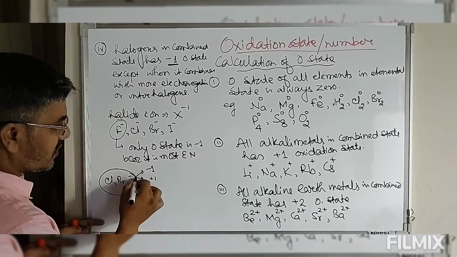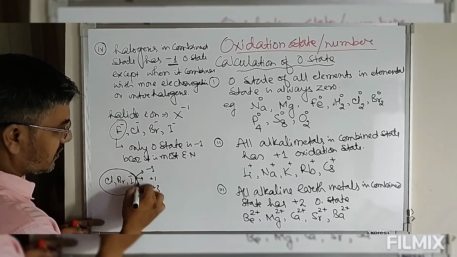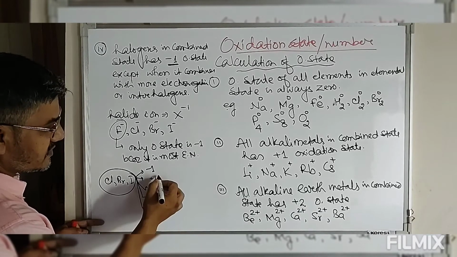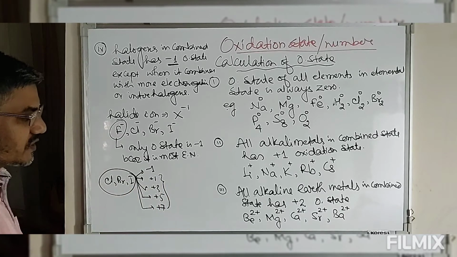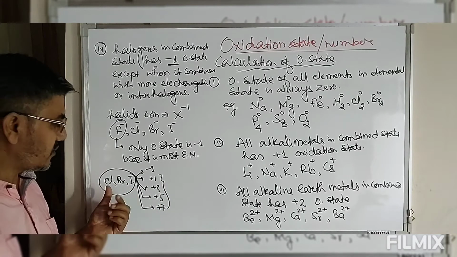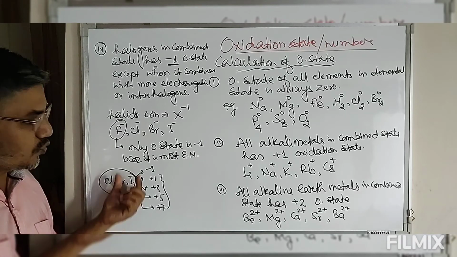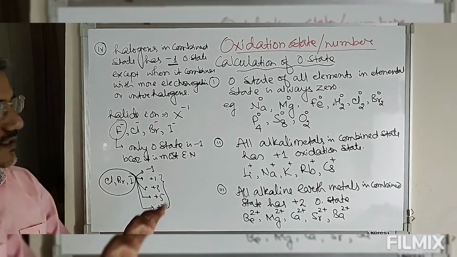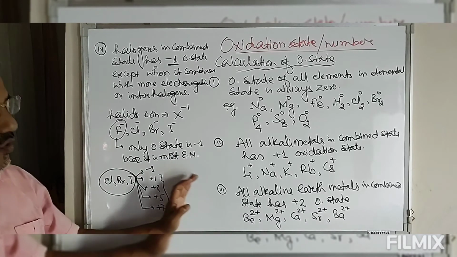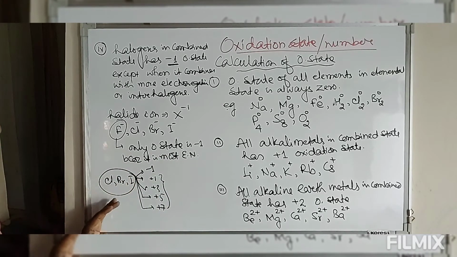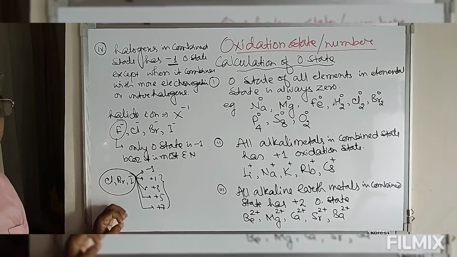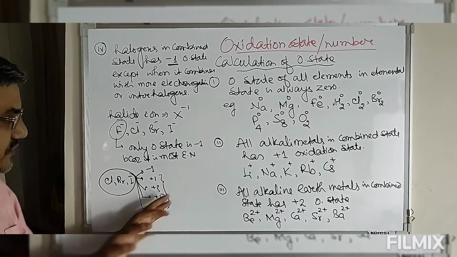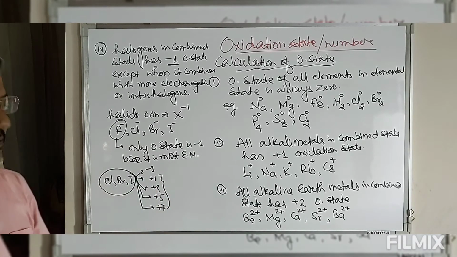They can also show +1, +3, +5, and +7. These +1, +3, +5, +7 oxidation states of chlorine, bromine, iodine occur when these elements are combined with the more electronegative oxygen, or when in the form of interhalogens. That means if it combines with another halogen, then the oxidation number may change to +1, +3, +5 or +7.